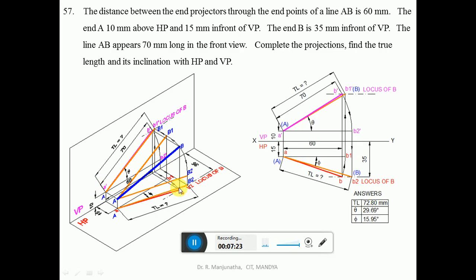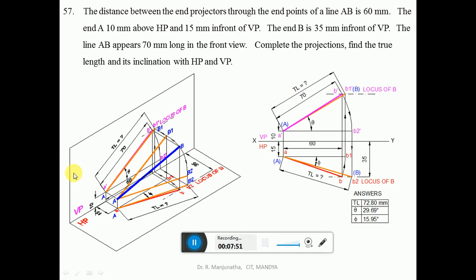The true length in HP can be seen in the horizontal plane. From B2 dash, you draw a vertical projector to the XY line, and from there you project again to the locus of B in the top view, so that it cuts the locus of B at small b2. Then join small a and b2 with a little bit thicker line than the projector line, so that will be the true length. So you are determining the inclination with respect to VP, which is phi.